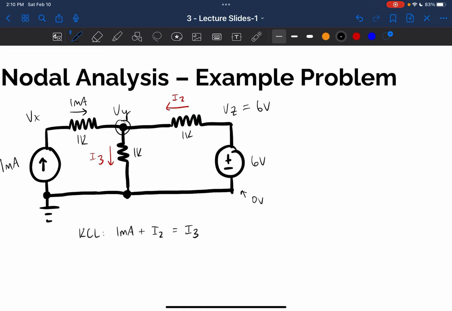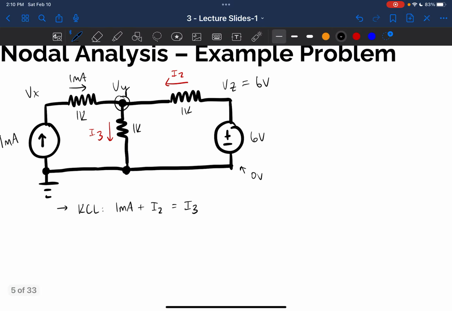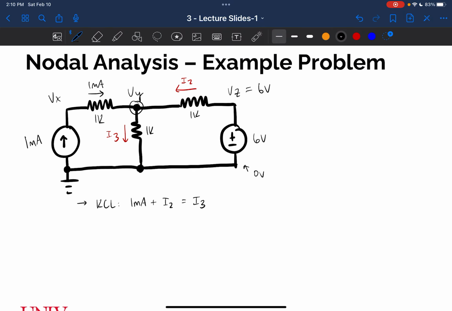And now what we want to do is write the expressions in this equation in terms of voltages and resistances, okay? So here we are. We know that the 1 milliamp is equal to Vx minus Vy over 1K, right?